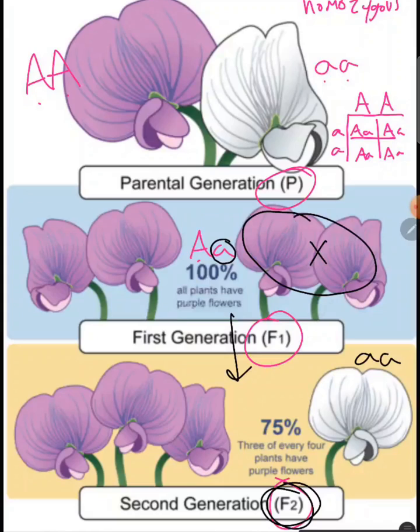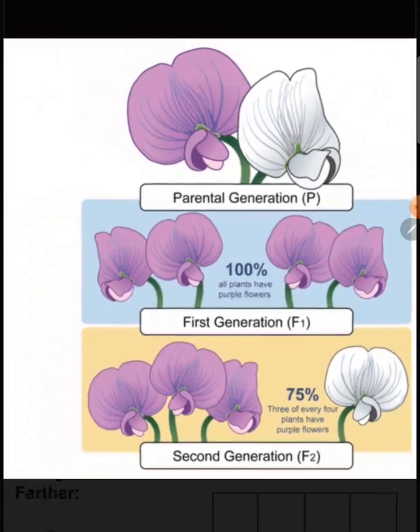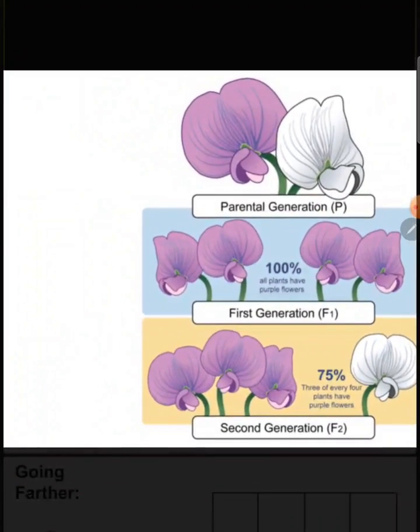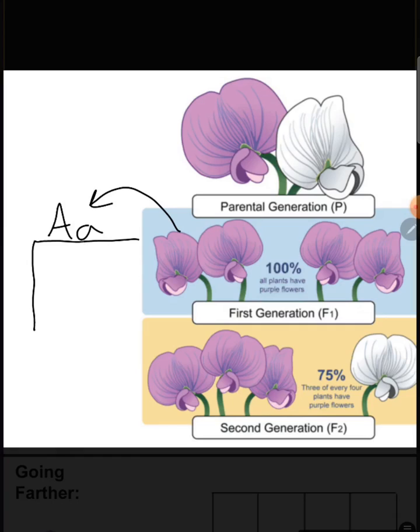And so if we did that, it would look like this. Take one flower, put it there. Take the other flower, put it over here.